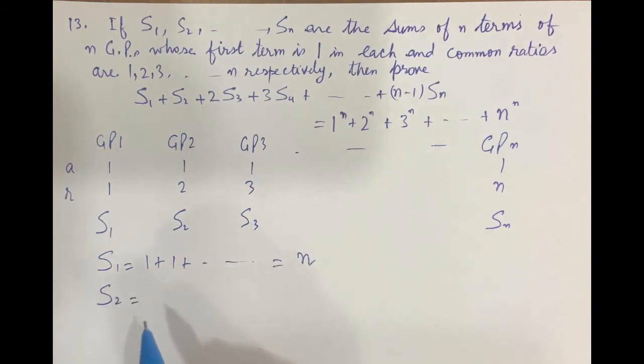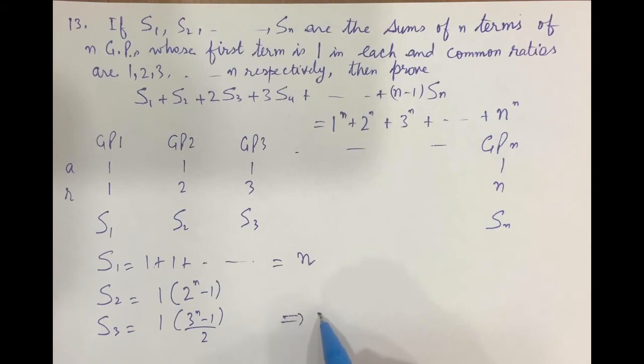S2: for the sum of n terms of a GP, we can't apply the formula when common ratio is 1, so here we use 1 plus 1 plus 1 n times is n. For second GP, S2, that is first term into common ratio, (2 raised to n minus 1) upon (2 minus 1). Similarly, S3, that's first term 1, (3 raised to n minus 1) upon 2.